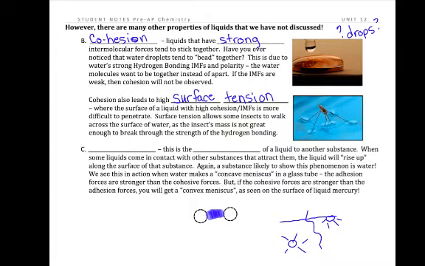Now, the other force of attraction is adhesion. Again, it's one word, but I want to emphasize the prefix 'ad.' Ad means to another, to something else, and this is the attraction of a liquid to another surface.